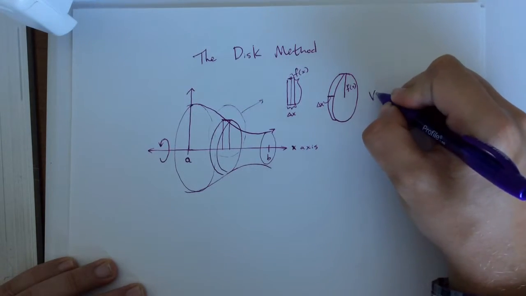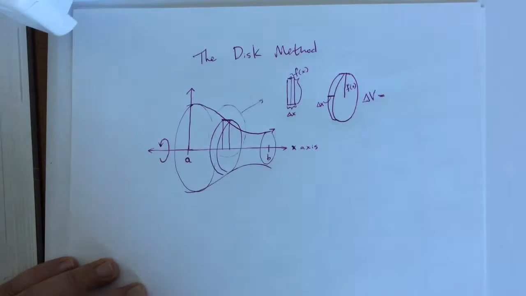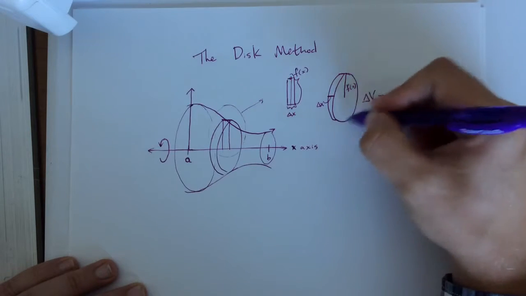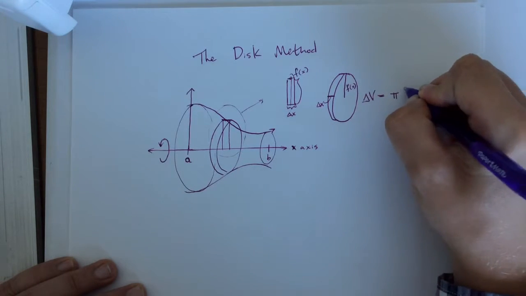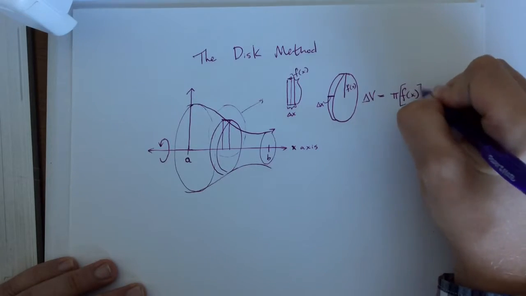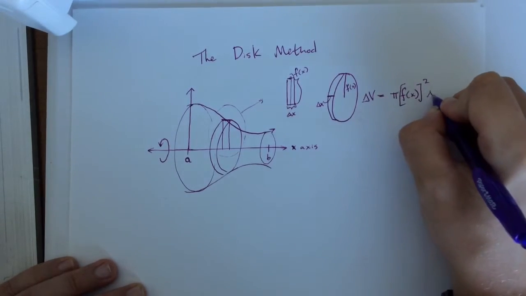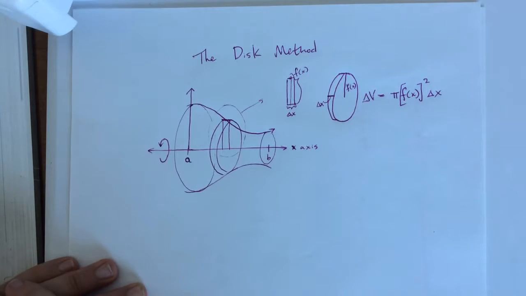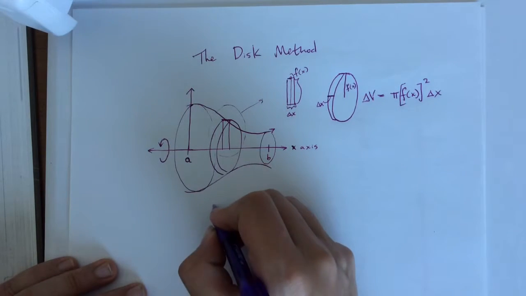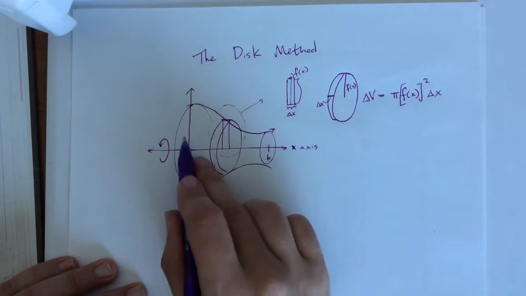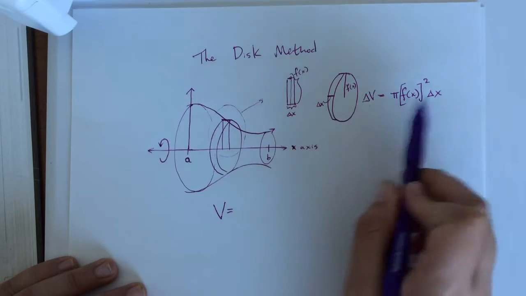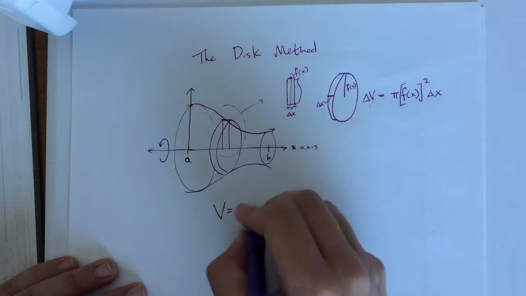The volume of this cylindrical disk, which I'm going to write as delta V, is the area of the base, or the face of this cylinder, which is pi times the radius squared, times the height, which in this case is delta x. To find the entire volume, I take the limit of the increments of volume as delta x goes to 0.